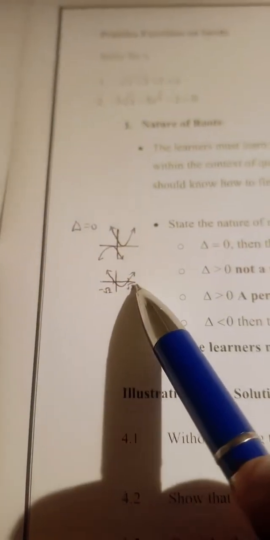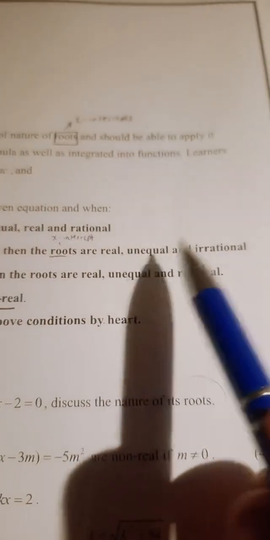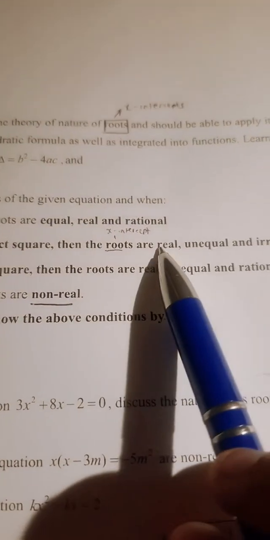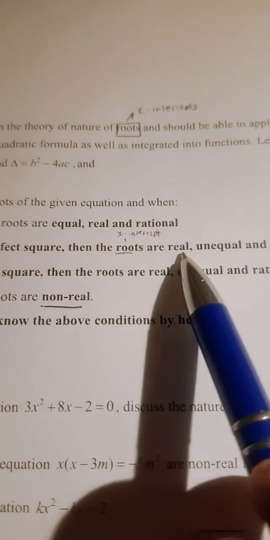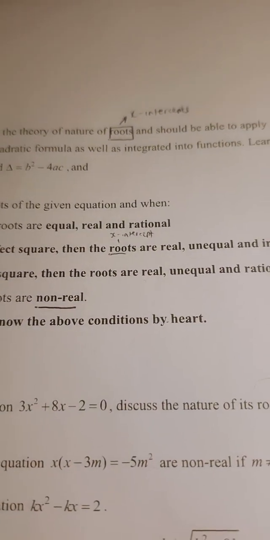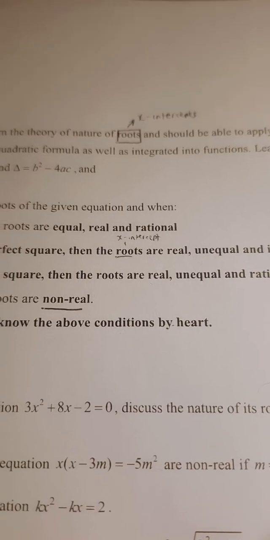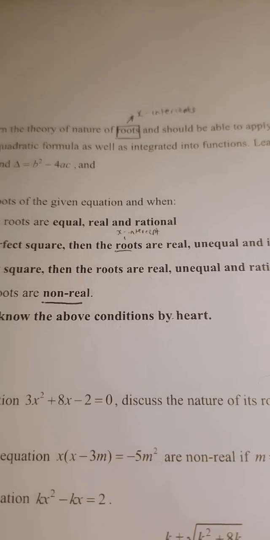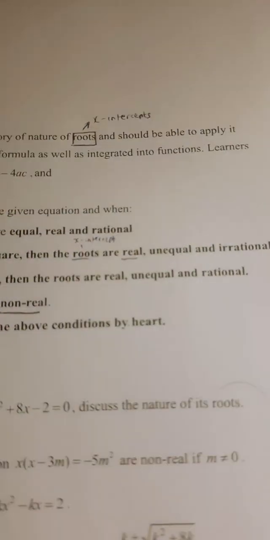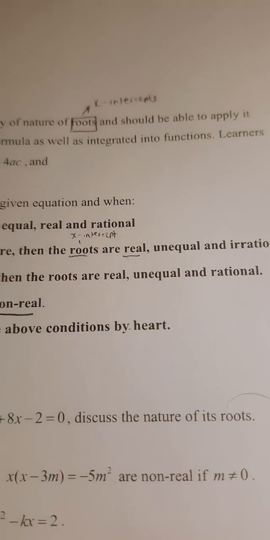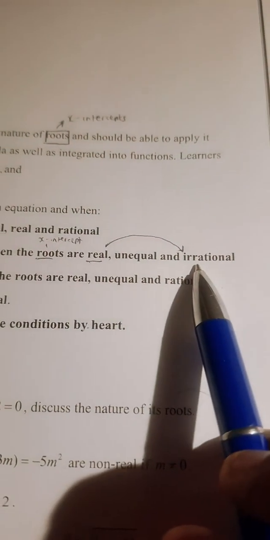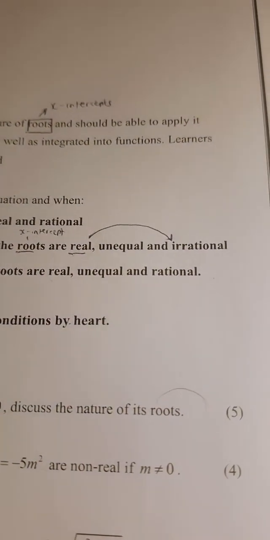At the same time, are they the same? No, they are unequal. Also, they are real. What does the word real mean? Guys, what are real numbers? Real numbers are all the numbers that are found in the number system, both rational and irrational. So if you are saying your roots are real, you are merely saying they are existing numbers in the number system, but they are specifically not just rational, they are irrational.